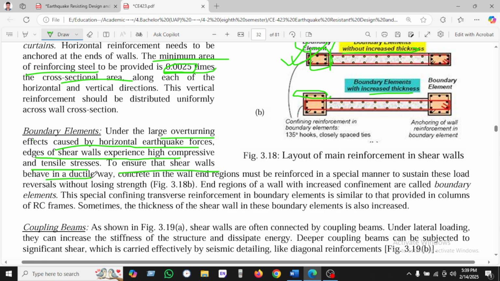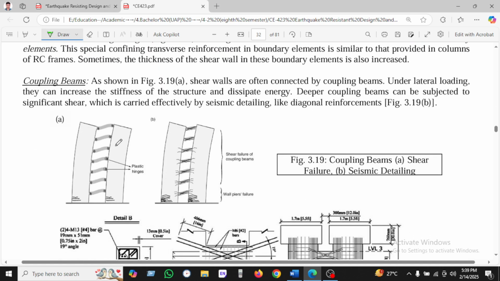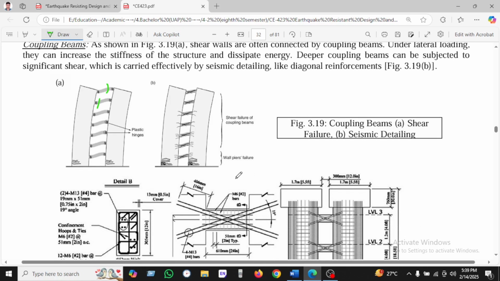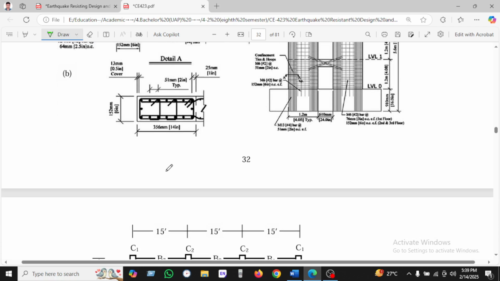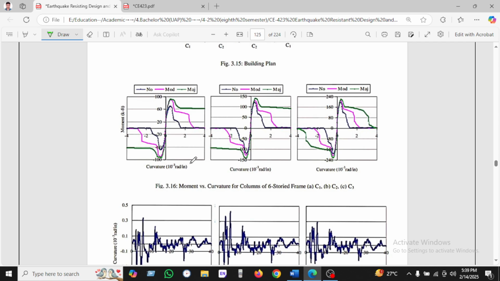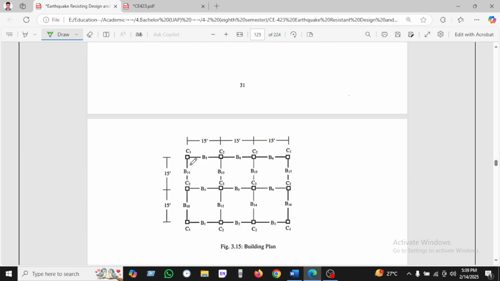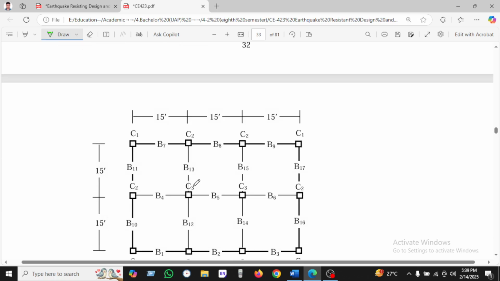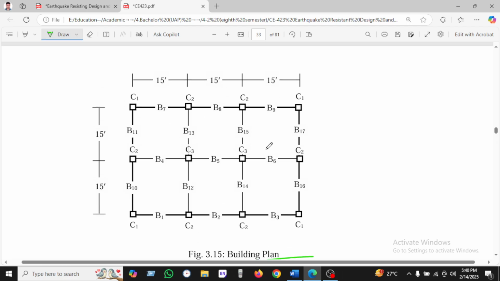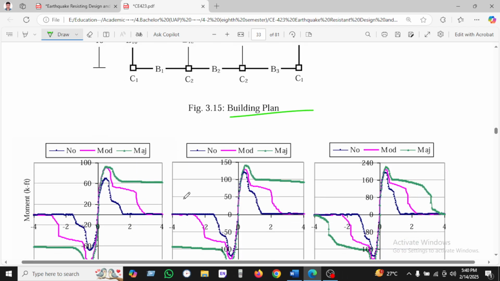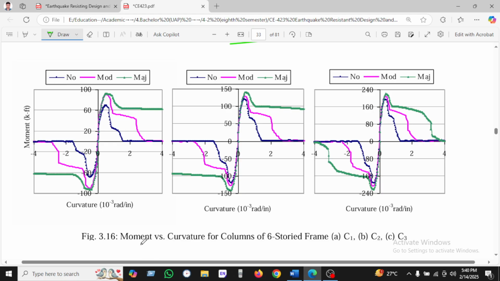Okay, so column, beam, coupling beam: we have been seeing the coupling beam given here, and the seismic detailing is also given here. Let's see the building plan given here, and the moment versus curvature of the column for a 6-story building.